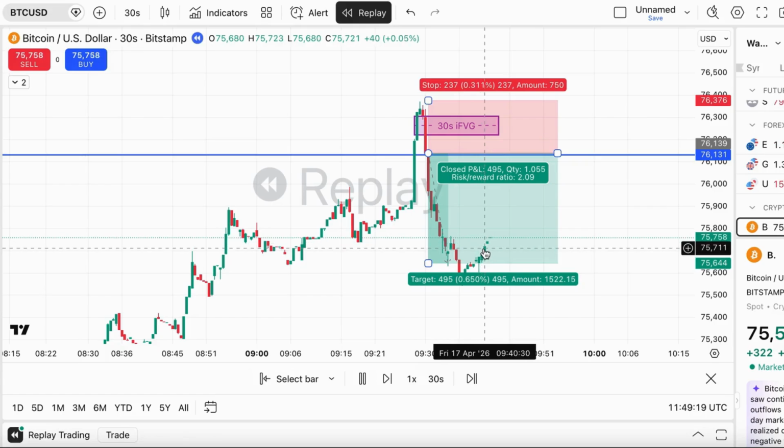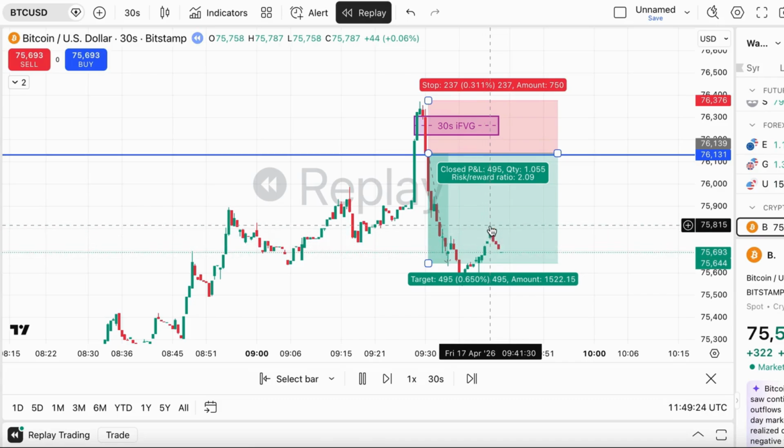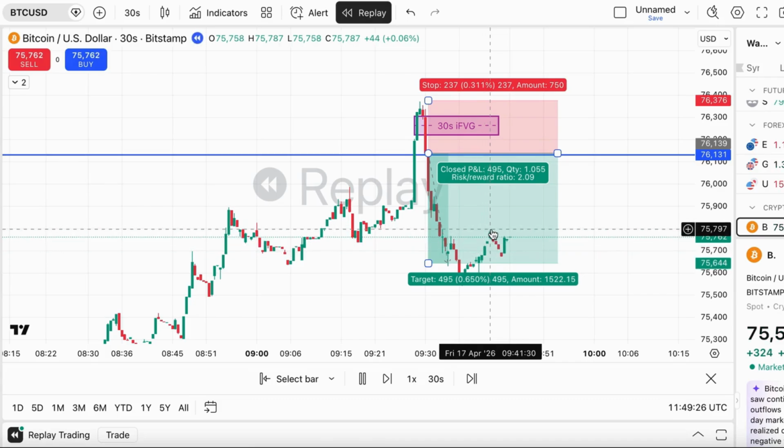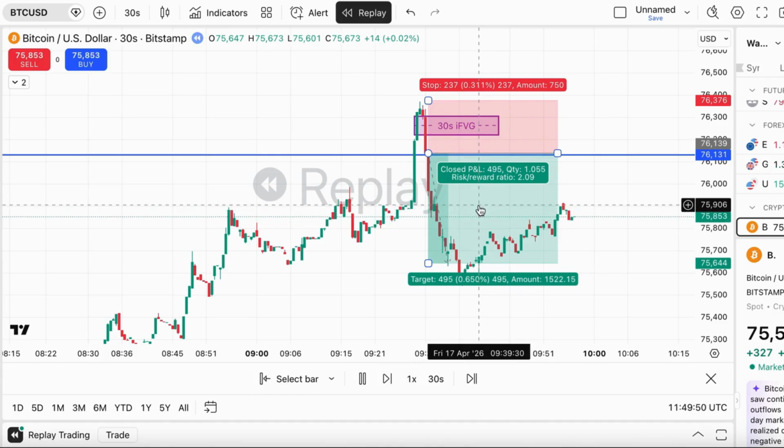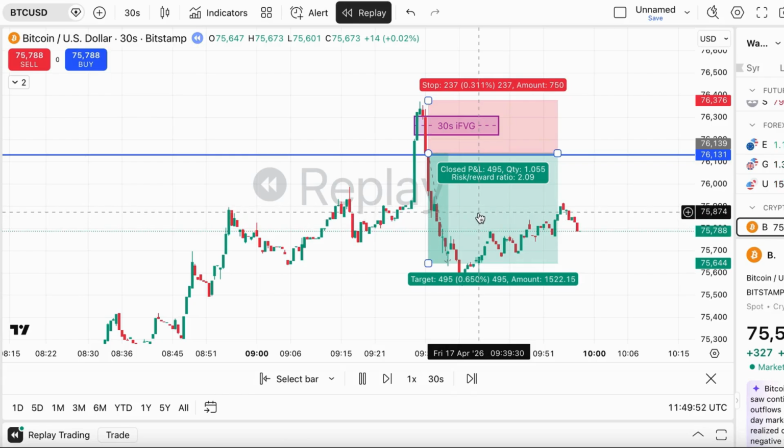This first level FVG gets taken out, goes to retest another FVG. So it retested this other one here. You can see it keeps retesting there. What happens? It breaks through. It then goes for the next one. This one here breaks through.